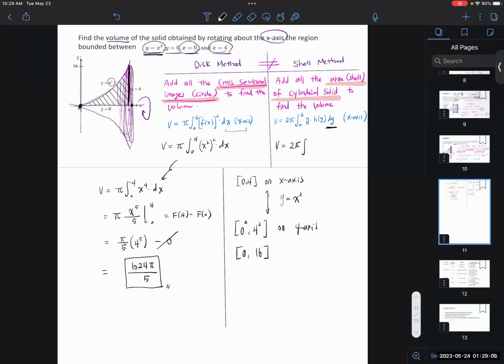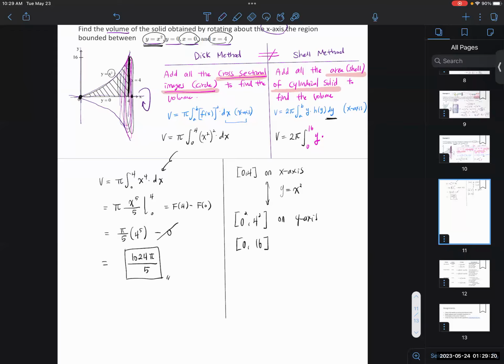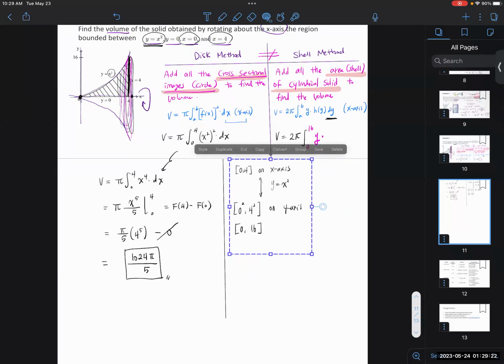That's the interval for the shell method. Then y is the radius, so we don't need to change anything, but the height we need to change because the function is what?